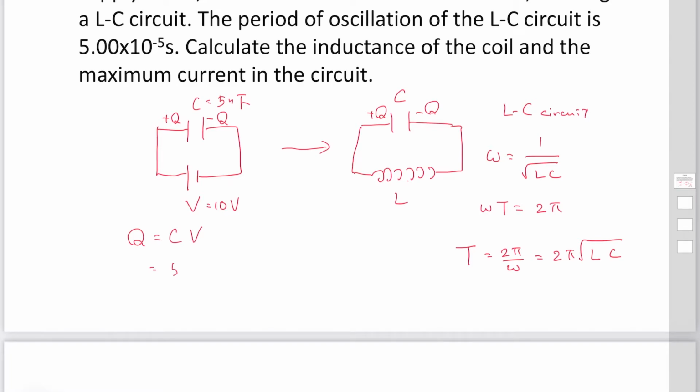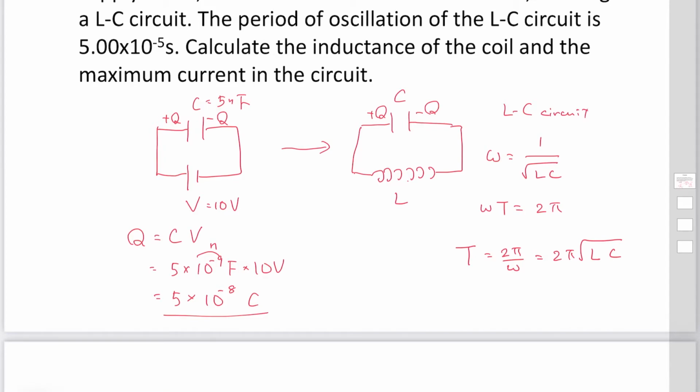This is 5 times 10 to minus 9 farad, where 10 to minus 9 is nano, times 10 volt. So it becomes 5 times 10 to minus 8 coulomb. This is the amount of charge stored in the capacitor.